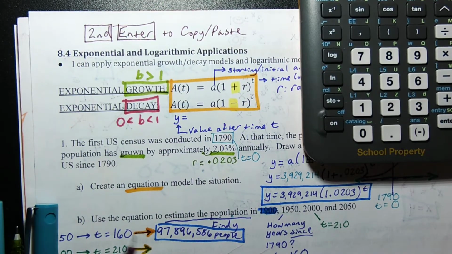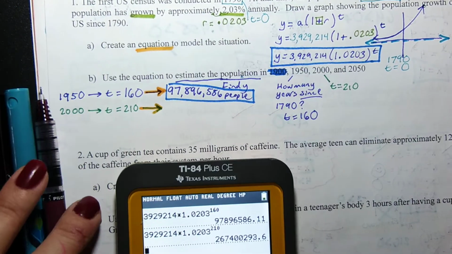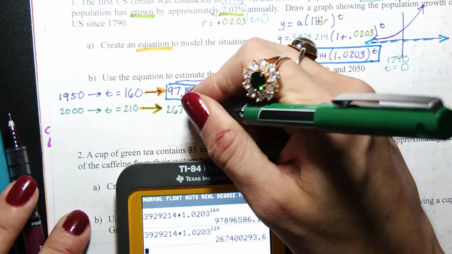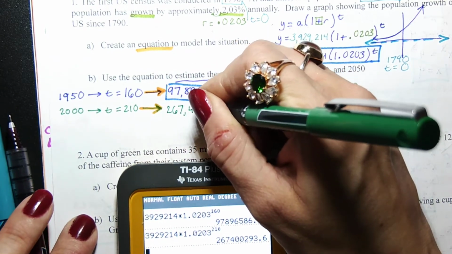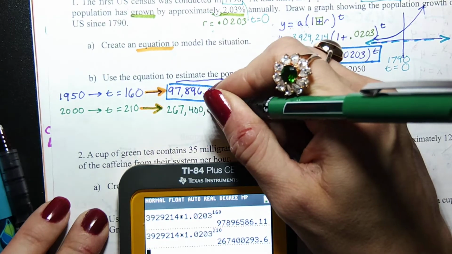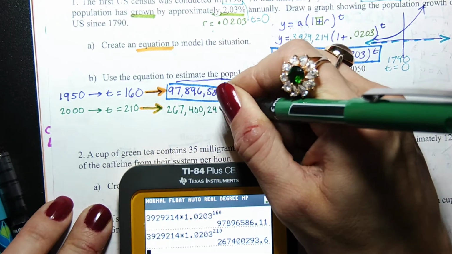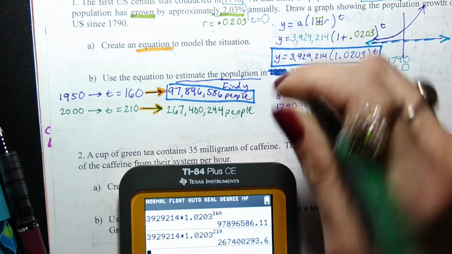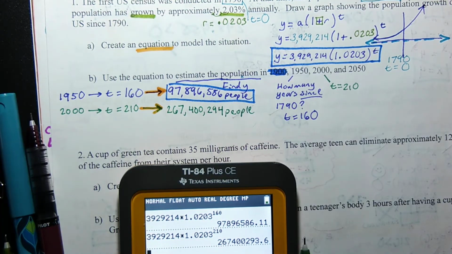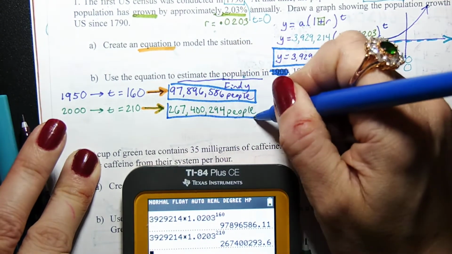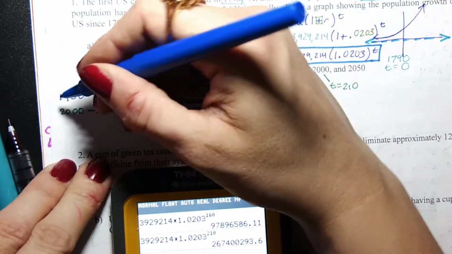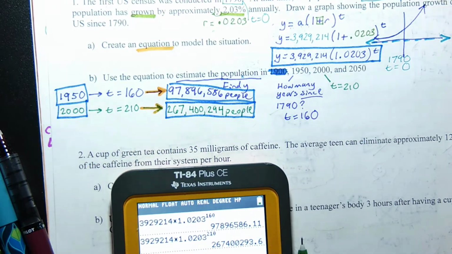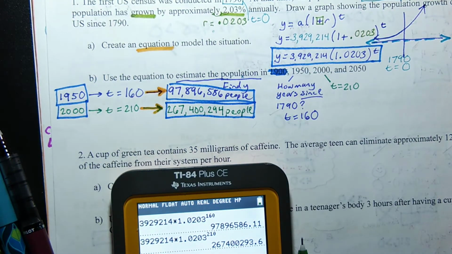So that would be 267,400,294 people. So in that year, that's what our population would be.